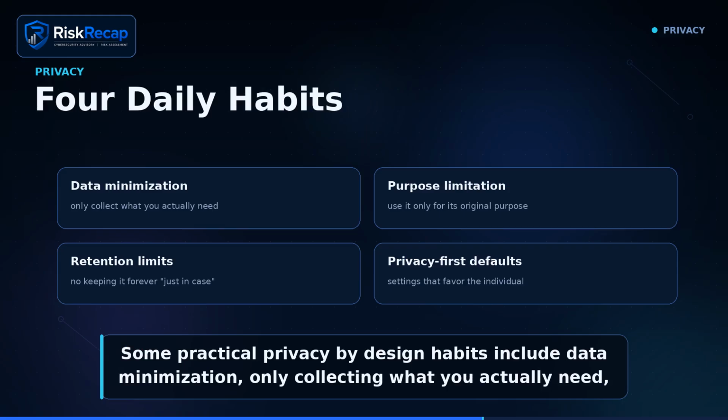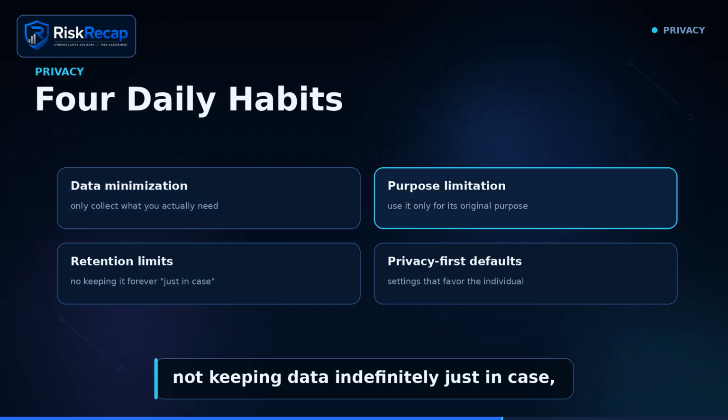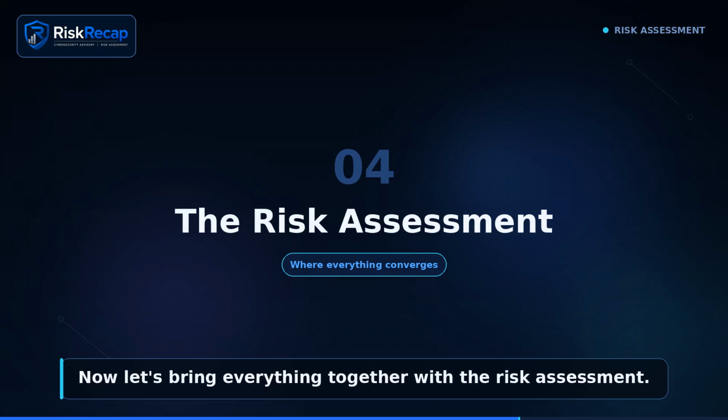Some practical privacy by design habits include data minimization, only collecting what you actually need, purpose limitation, only using data for the purpose it was originally collected for, retention limits, not keeping data indefinitely just in case, and default privacy settings that favor the individual rather than maximum data collection.